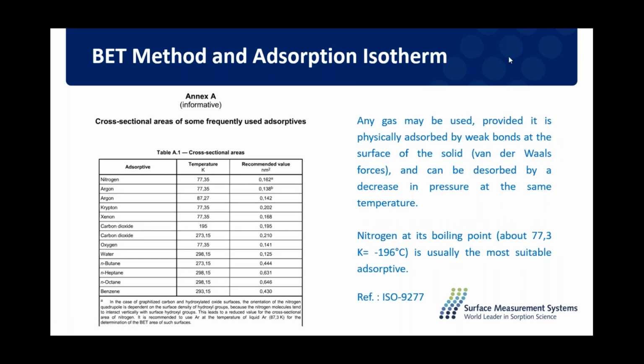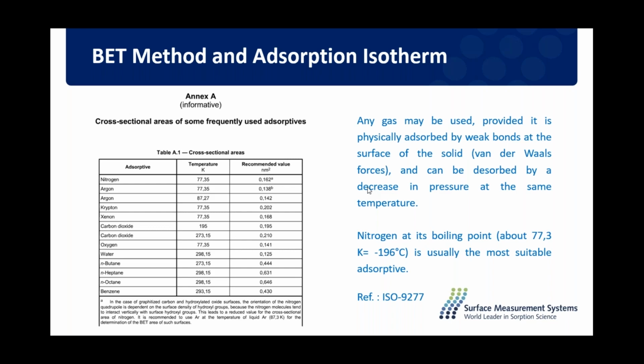In theory and in practice, any gas or vapor can be used to determine the BET surface area. As you can see here, as long as it forms the type 2 or type 4 isotherm, you can use traditional adsorbates like nitrogen, argon, and krypton. However, you certainly can use other molecules like water or vapors like hexane or octane or benzene, as long as you know the cross-sectional area of the probe molecule, then you can determine the BET surface area once you measure the appropriate isotherm.